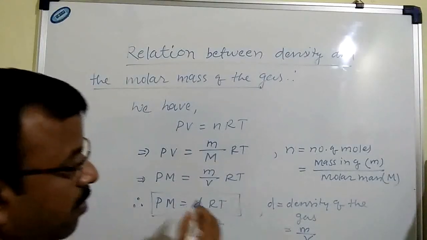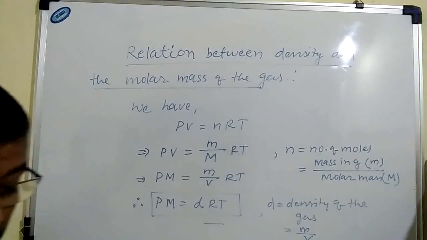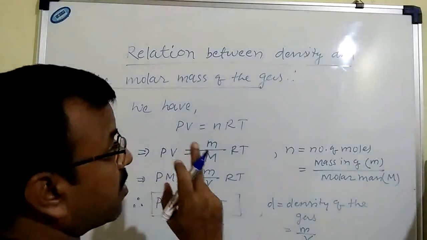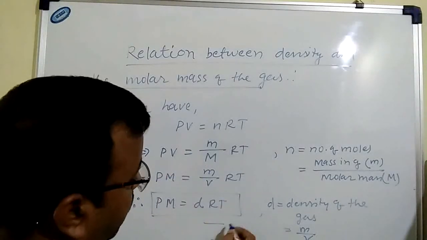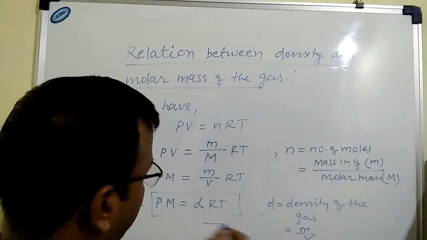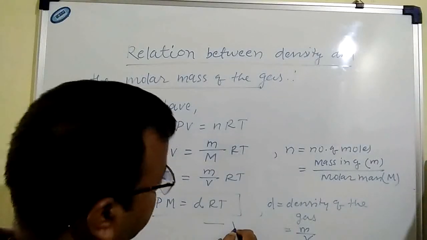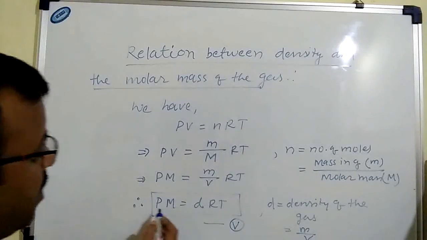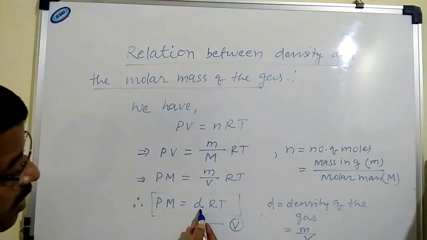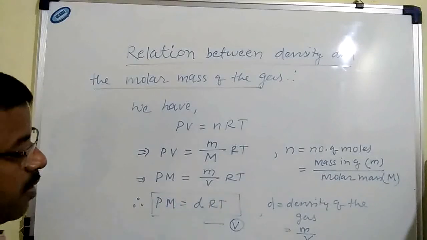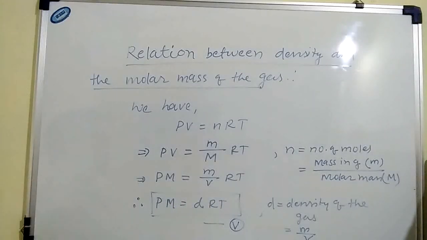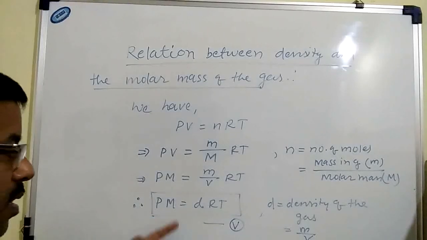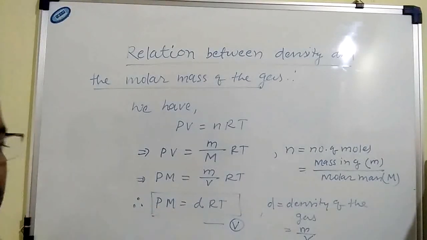We derived equation 4, and this is equation 5. This is the relation between density and the molar mass of the gas: PM is equal to dRT. So we will use this formula also to solve numericals related to molar mass and density.